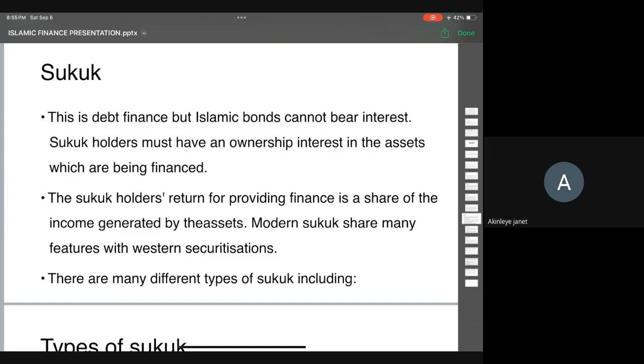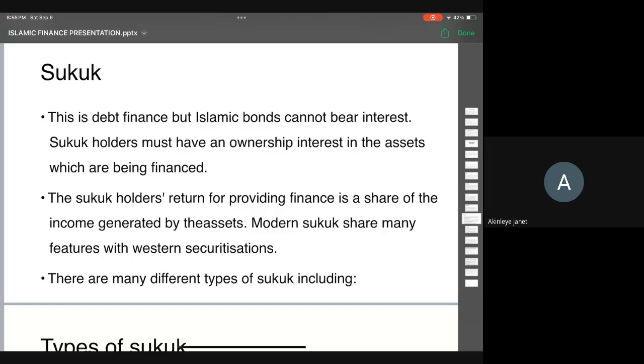Sukuk holders must have an ownership interest in the assets which are being financed. Sukuk holders' return from providing finance is a share of the income generated by the assets. He will get his own share based on how the asset is performing, as in how the asset is generating profits.